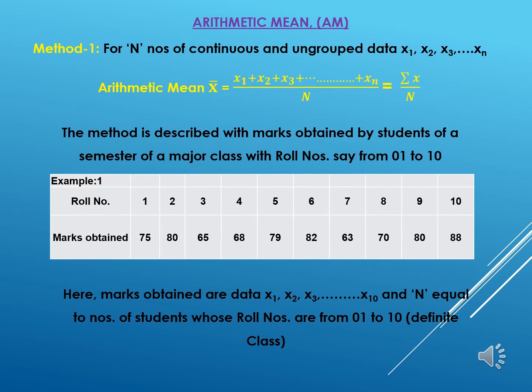This is example number 1, given for finding the mean by method 1 of the arithmetic mean method, as we have discussed.